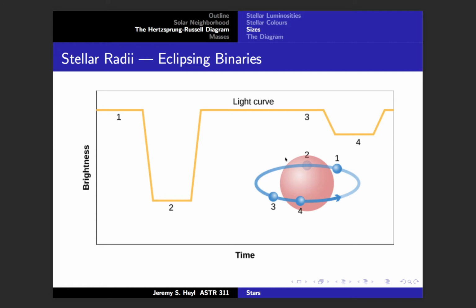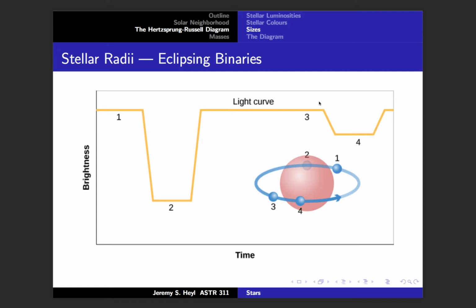Now it's coming around, it's a merge, and now the blue star is blocking part of the red star. Again, the time from here to here is the same as from here to here, because it's the same star going in front. But now the blue star is blocking the red star's light, and every little bit of the red star is not as bright as the blue, so it drops down less.